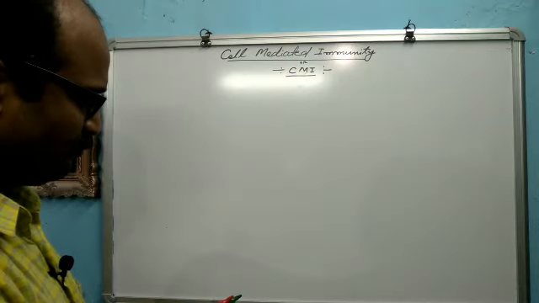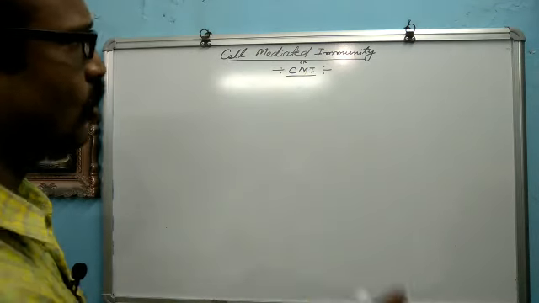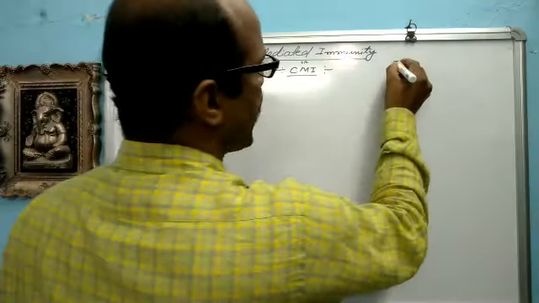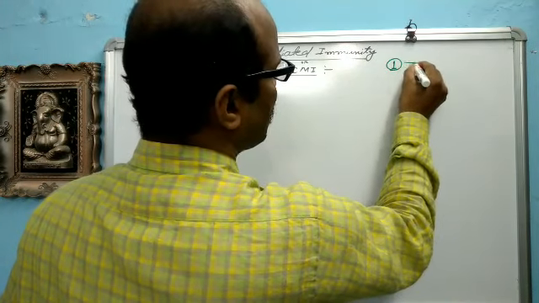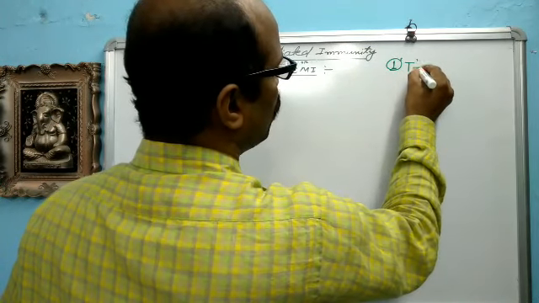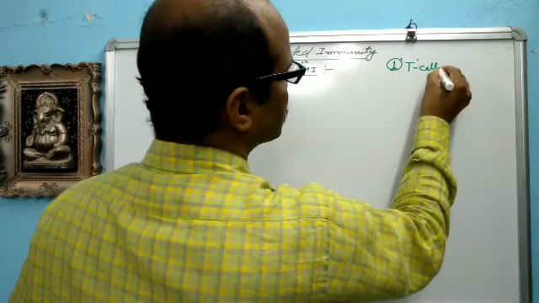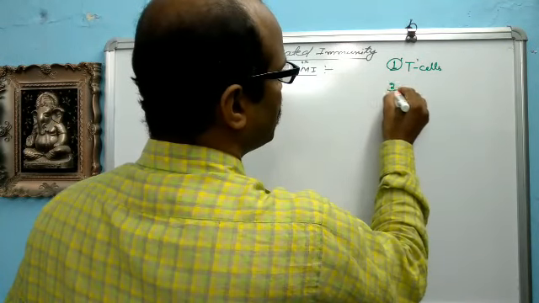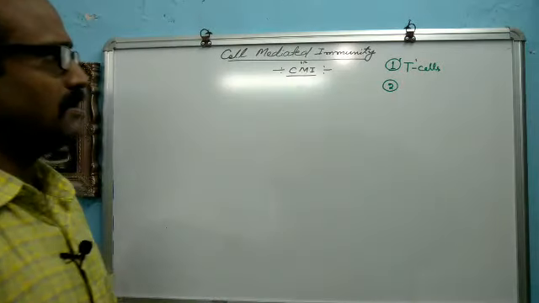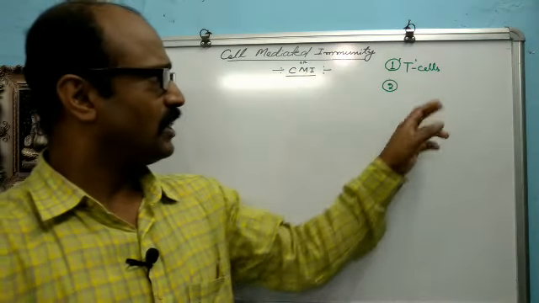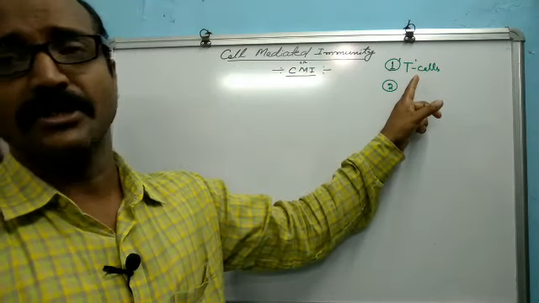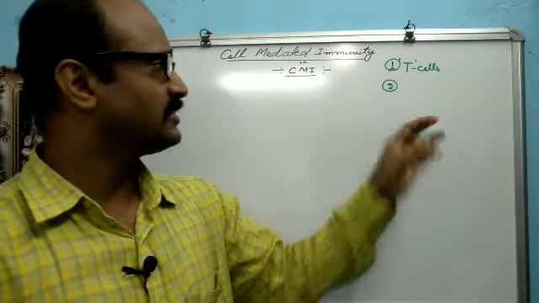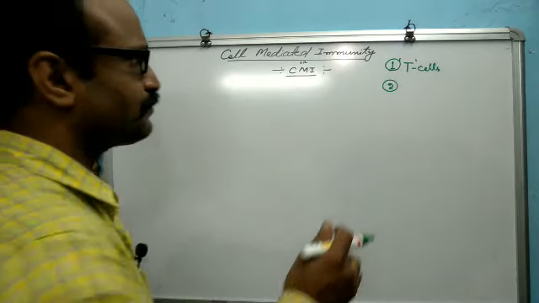In cell-mediated immunity, several cells are involved, but the very important cell is the thymus-derived cell, known as the T cell. T cells have the main role in cell-mediated immunity.